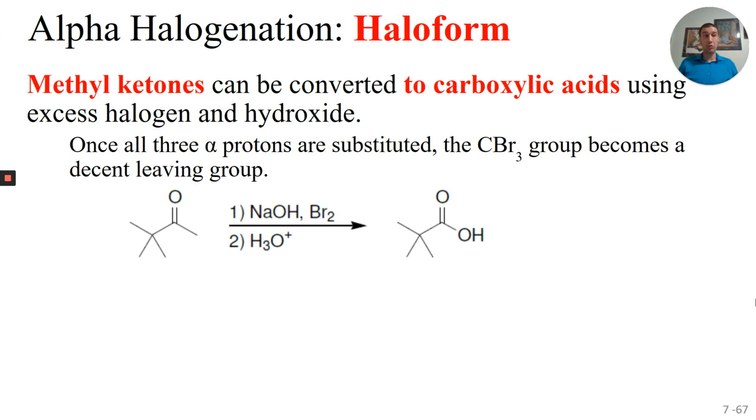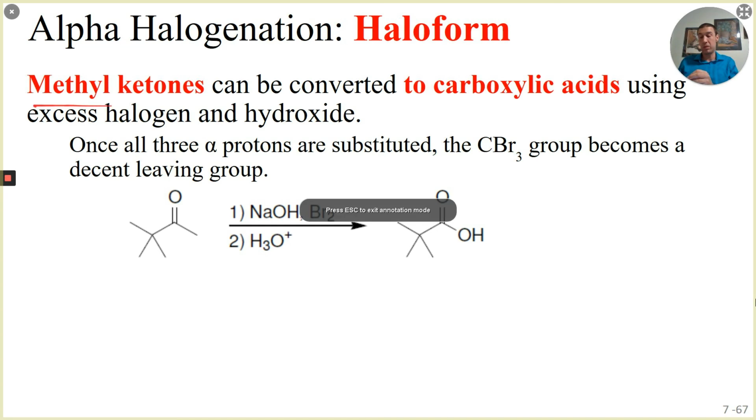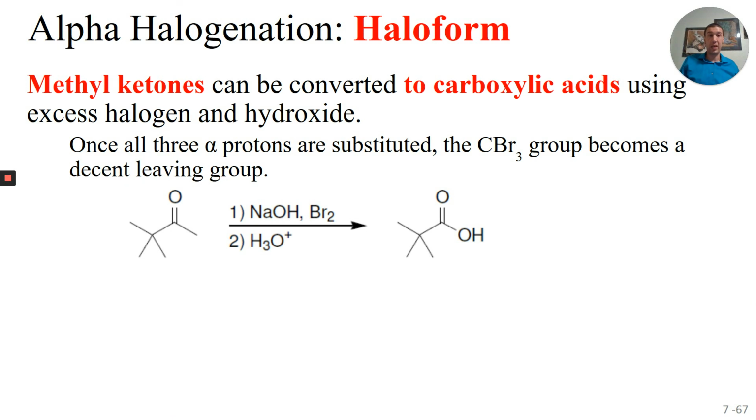Well, that tells me that whatever my unknown starting material was had to have a carbonyl with a very particular methyl group next to it. And that's where we're seeing the reference to methyl ketones. So it allows us to identify an unknown compound or some characteristics of it. And that's why it's kind of nice.